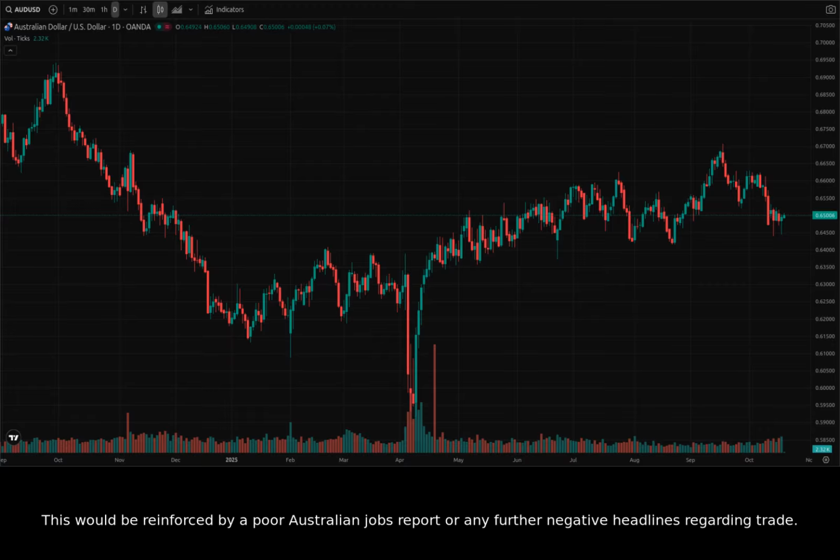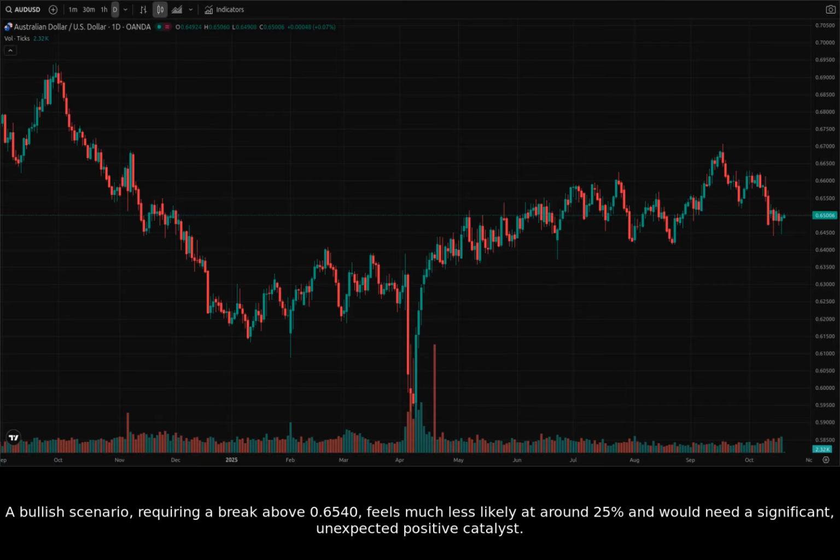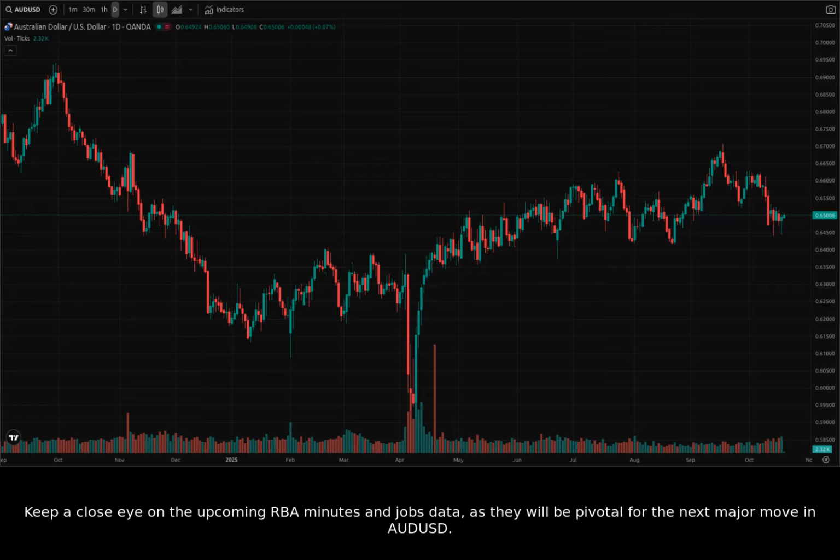This would be reinforced by a poor Australian jobs report or any further negative headlines regarding trade. A bullish scenario, requiring a break above 0.6540, feels much less likely at around 25% and would need a significant, unexpected positive catalyst. Keep a close eye on the upcoming RBA minutes and jobs data, as they will be pivotal for the next major move in August.